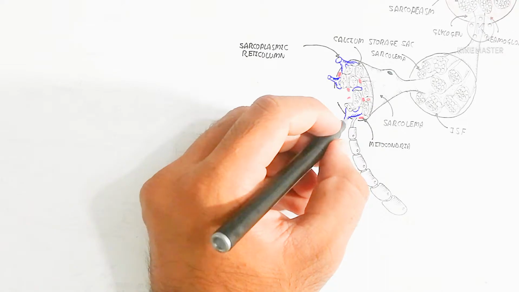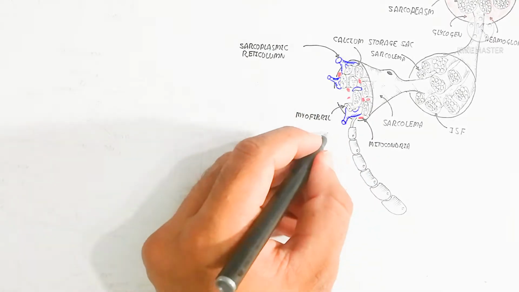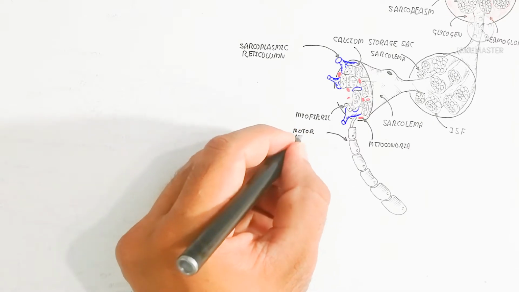Each myofibril contains many sarcomeres. The sarcomere is the unit of contraction.